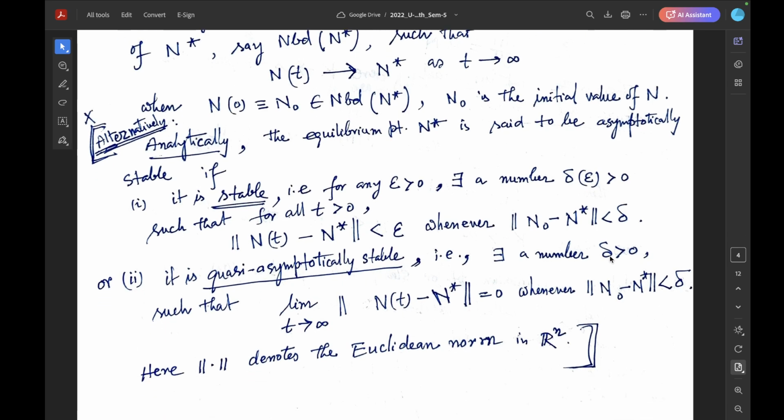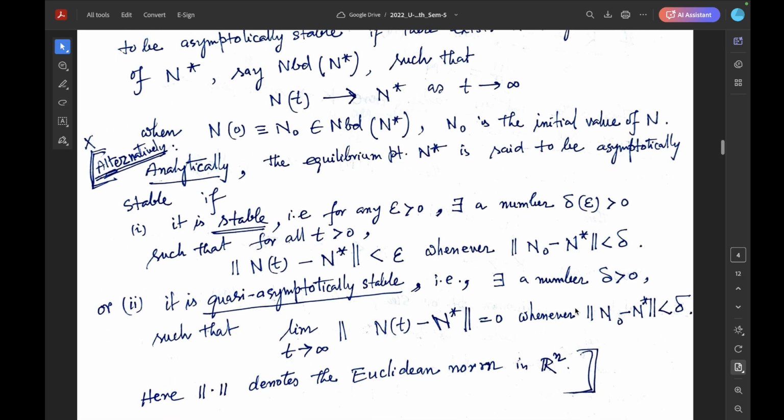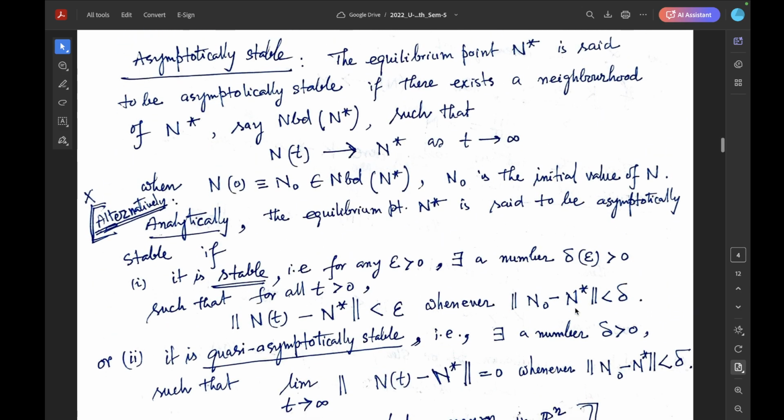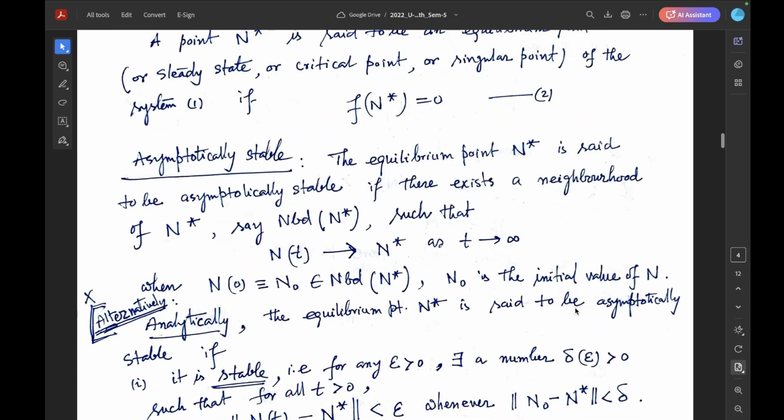That is, there exists a number delta greater than 0, such that limit t tends to infinity of norm of n(t) minus n star equal to 0, where norm of n0 minus n star is less than delta. This is the norm, Euclidean norm in the n-dimensional real space. For this question, you can write this first part only. Avoid this alternative definition.